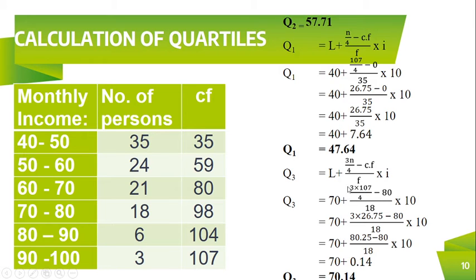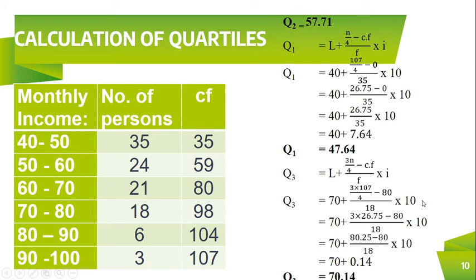Now for Q3, Q3 is nothing but L plus 3N by 4 minus CF by F into I. First we will do 3N by 4. 3N by 4 is 3 into 26.75 which is 80.25. 80.25 will lie between 80 and 98 over here. So we draw the line across and choose the class interval after that. So 70 is L. 3N by 4 minus CF. So before our line 80, that is CF, by F, the frequency pertaining to the value given is 18, into the class size which is 10.